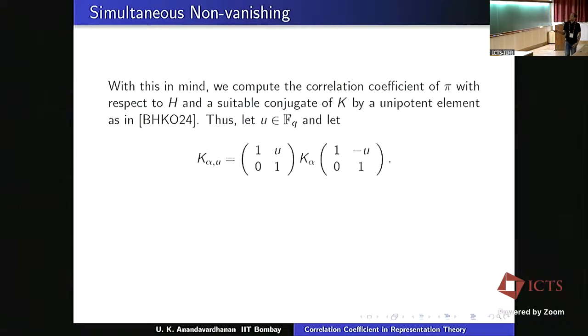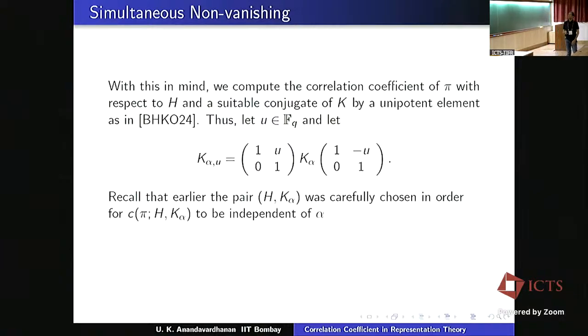So let U be in FQ such that K alpha is my previous embedding with which we had the previous result. And let us conjugate it to make it not so nice. The earlier embedding was very nice. The answer did not depend on alpha, etc. Now, by doing this, it's going to depend not just on alpha, of course, but on U also. So you are making it very dependent, but we have some other aim now, getting non-zero together.